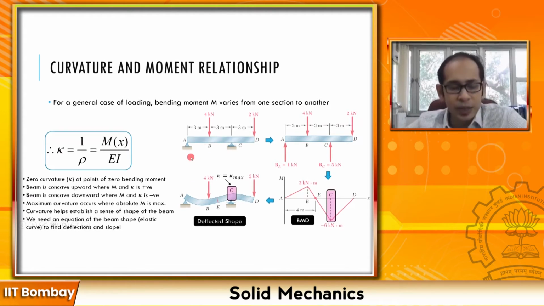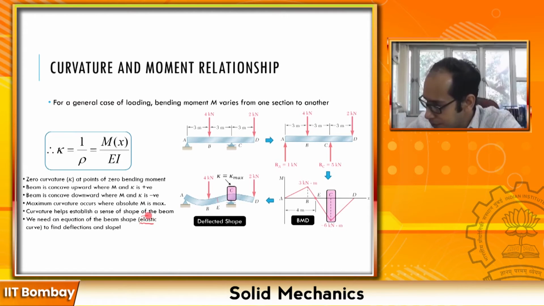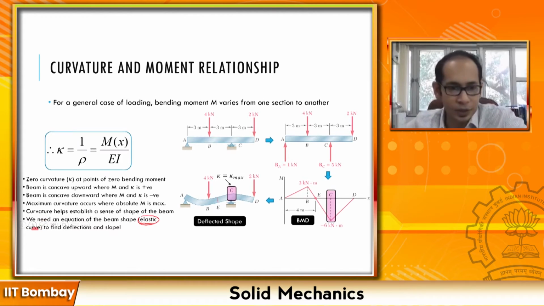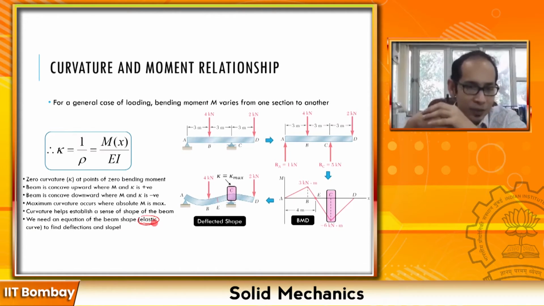So what we essentially need is an equation for the beam shape, and this equation is also very important. It is known as the elastic curve. You get the idea. So the deflected shape of the beam is known as the elastic curve.